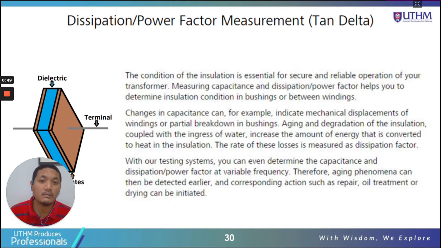because the insulation of electrical equipment is very important for the secure and reliable operation of not just the transformer, but other electrical equipment as well. By measuring the capacitance of the insulation, or the dissipation factor, or the tan delta of the insulation, this will help us determine the condition of the insulation.